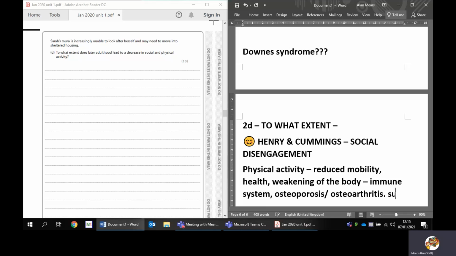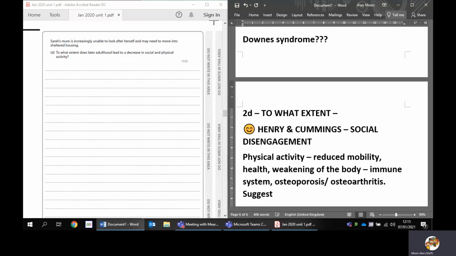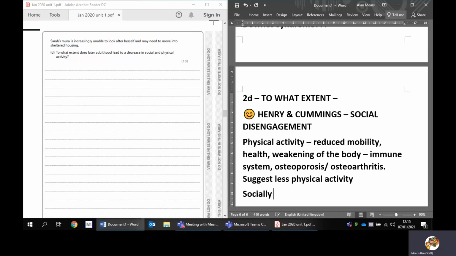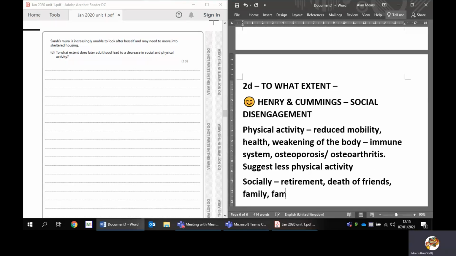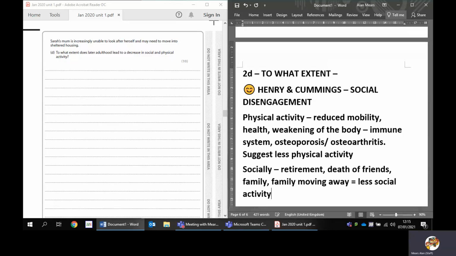So this would all suggest less physical activity. To the extent these would agree that people are less physically active. Socially, we might look at retirement, death of friends, family moving away equals less social activity.